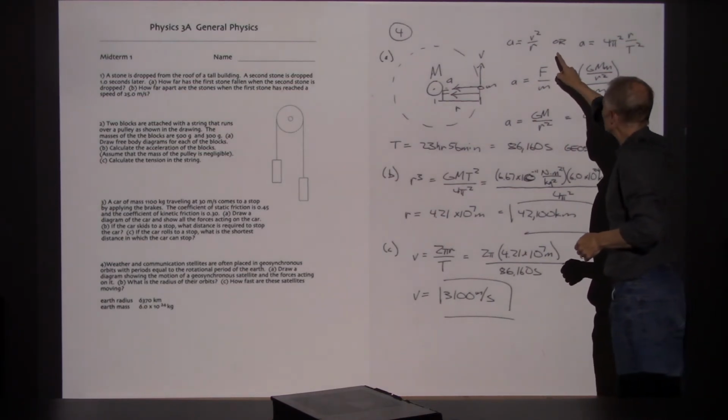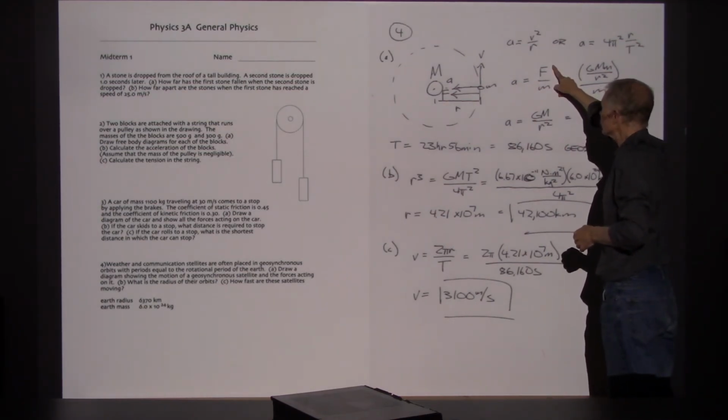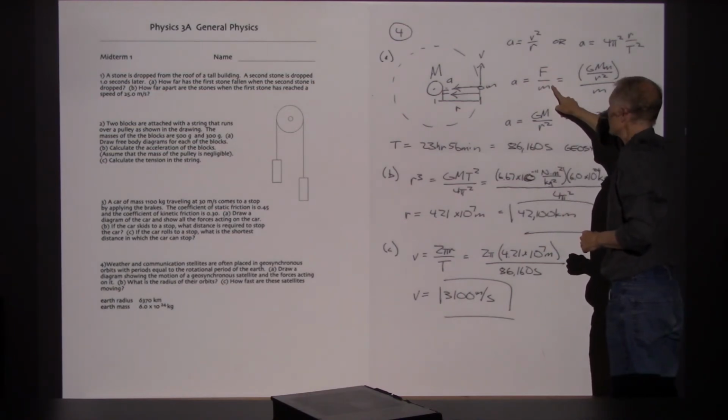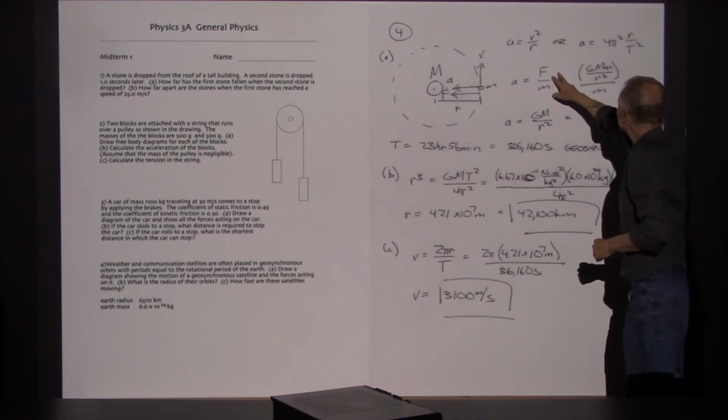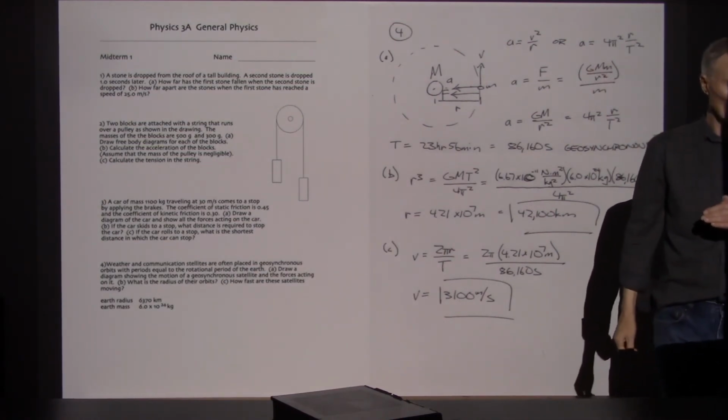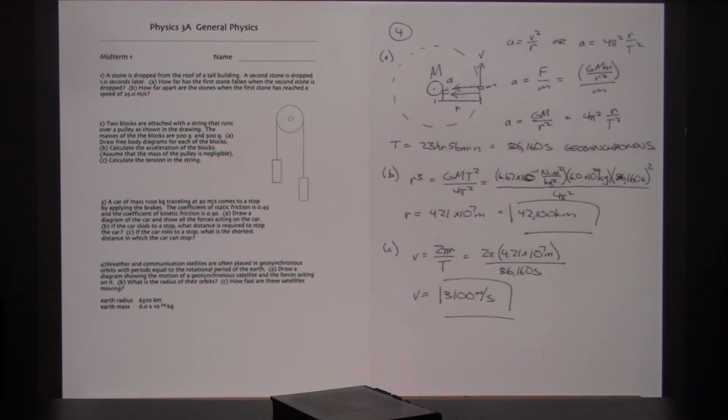So it's going to come from looking at what force there is creating the acceleration and dividing through by the mass. Now, what we've learned in chapter 6 is that in general, the gravitational force can be written as big G, big M, little m, divided by distance squared. And that distance is center to center.